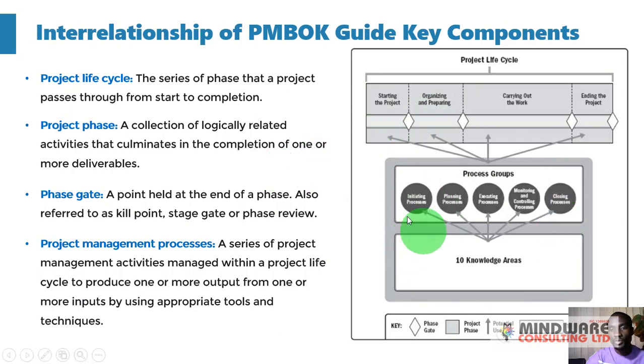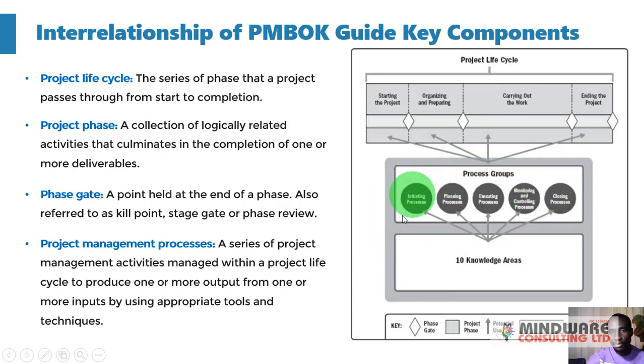So subsequently we're still going to talk about these ones, the process groups. We have project management processes, and in these processes we have a conglomeration of different processes which we now call process groups. The processes are grouped together in terms of their relationship or the similarity of their structure, and then they form what we call process groups.